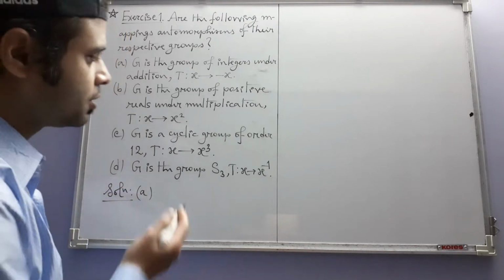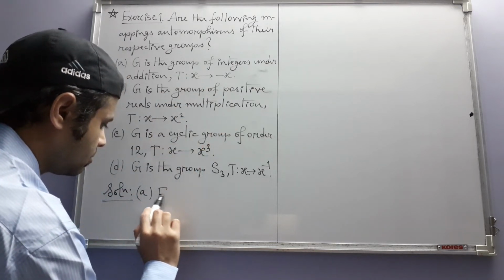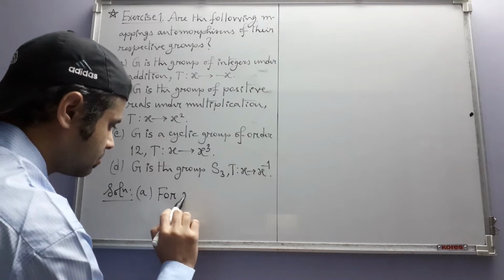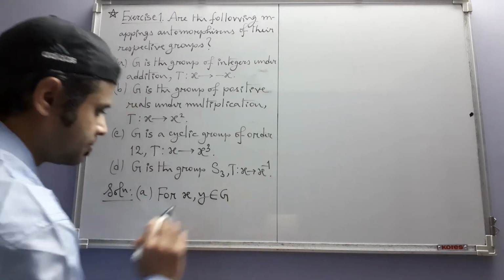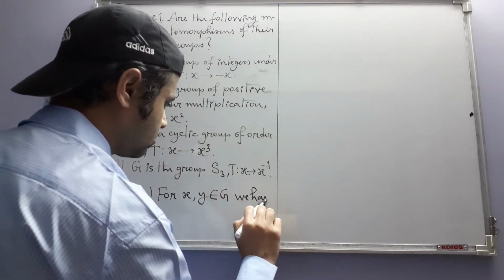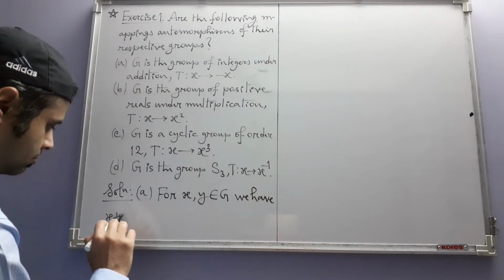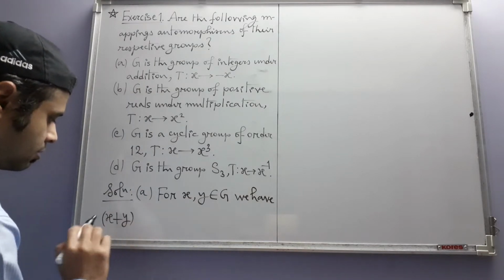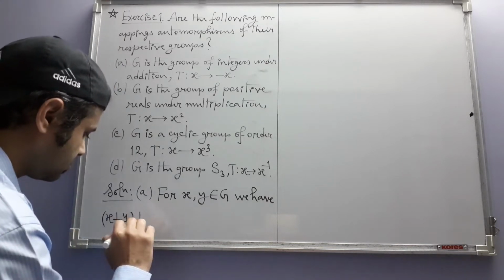The map, of course, is well defined. For any two integers x and y, keep in mind that the operation now is ordinary addition of integers.